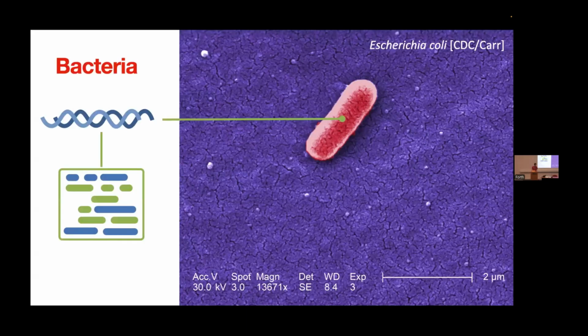So first of all, what are we talking about? We're talking about living matter. So what is life? Life is everything that goes on inside of cells. Cells are compartments with chemistry going on inside of them. Lots of proteins, but also other molecules that are reacting together.